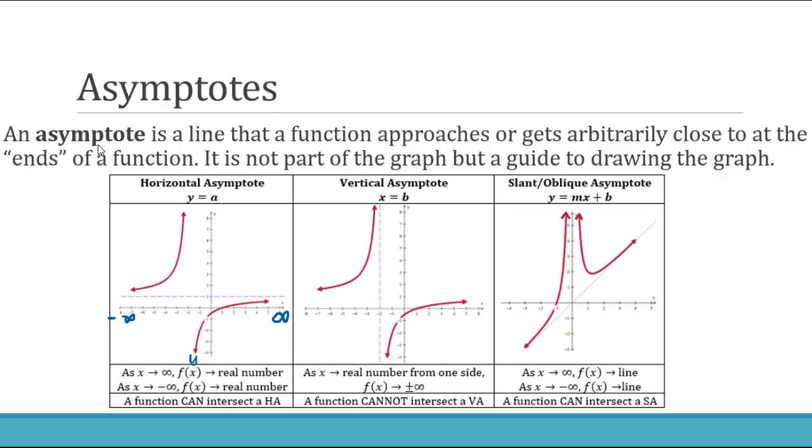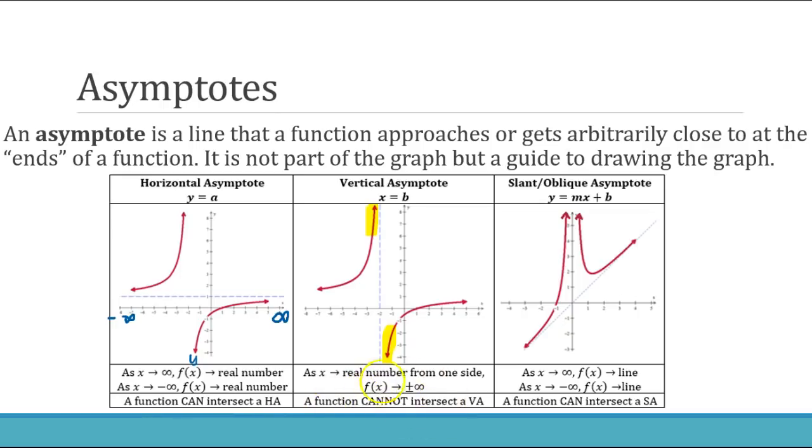And we would say that as x approaches a real number from one side, so let's say I'm approaching -2 from its left side, f of x, the y values, are going to either positive or negative infinity. So on the left side of -2, my y values are approaching positive infinity. On the right side of -2, my y values are approaching negative infinity.